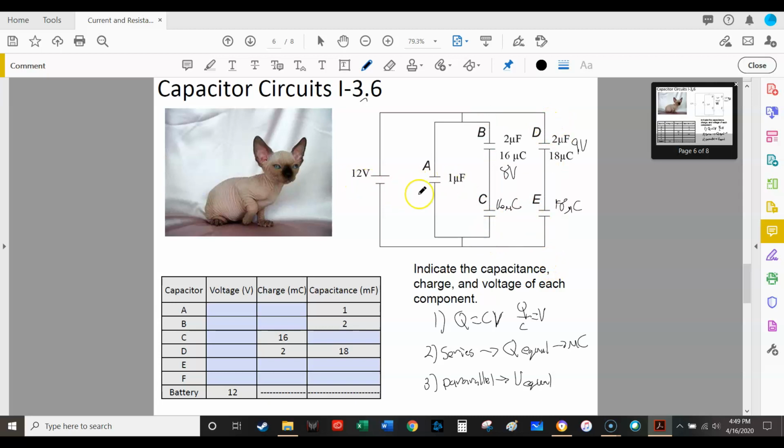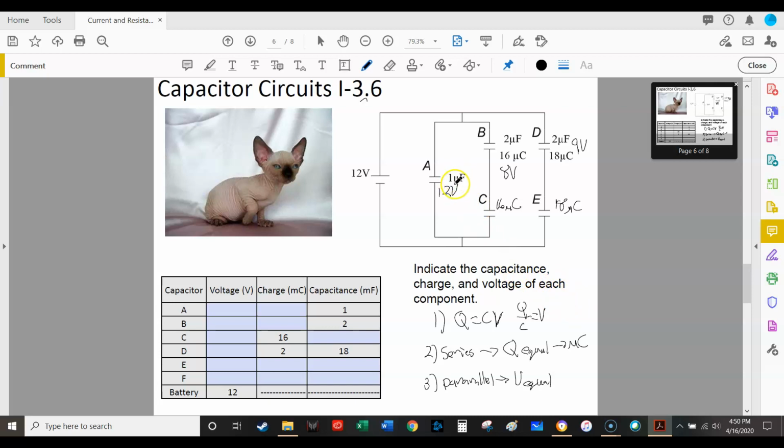So if this is 12 volts, the loop rule states that this has to be consuming that 12 volts, right? And what have I always said? If you've got two of the variables, quickly just solve the thing, right? So here we have voltage and a microfarad.